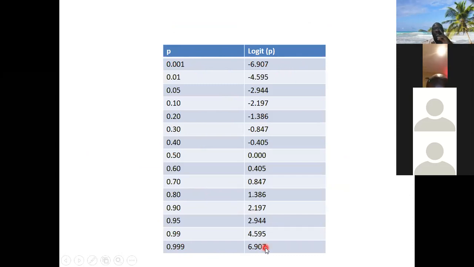If you plot this one, it looks like it follows a normal distribution. So the logarithm of p, probably 0.5, is 0. Yes.